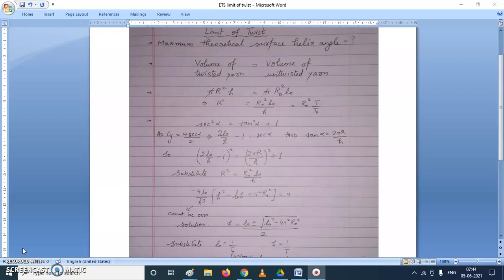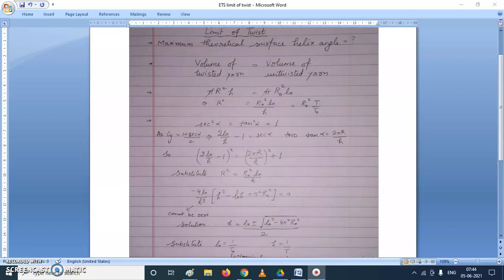And if we say that initially the radius of the yarn and the length of the yarn for one turn of twist is R0 and L0, and after twisting the radius of the yarn increases to R and the length of one turn of twisted yarn is H.